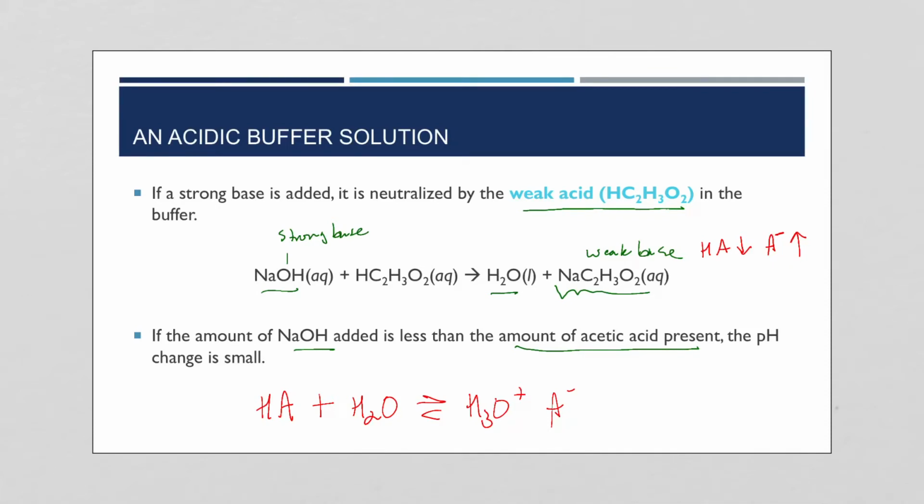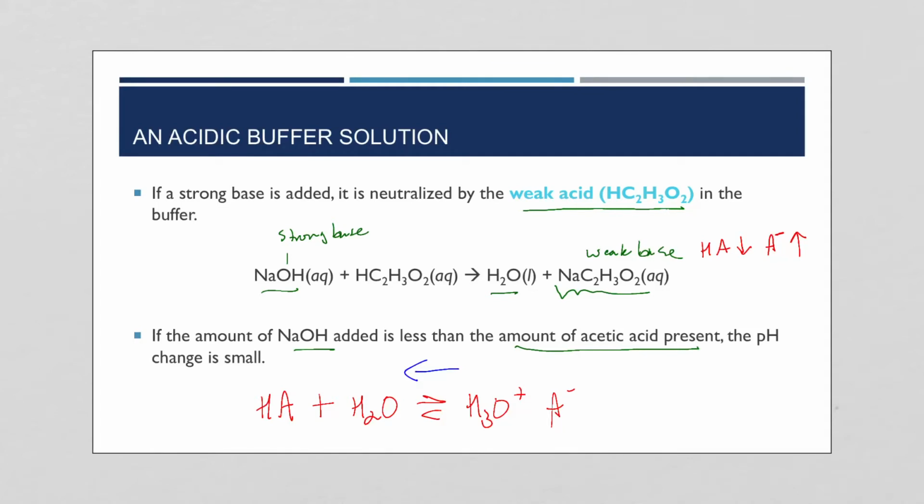And so it is going to try to compensate, in this case, by shifting the equilibrium back toward HA to try to regenerate some of that HA and get rid of some of that extra A minus that's been produced. Now, of course, as we saw, it's not going to get it back to the exact same concentrations as before, right? Because you've added other things. We're going to get back to equilibrium, but not the exact same equilibrium, or not the exact same concentrations that we were at before.